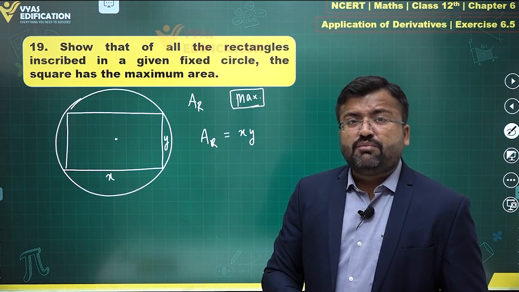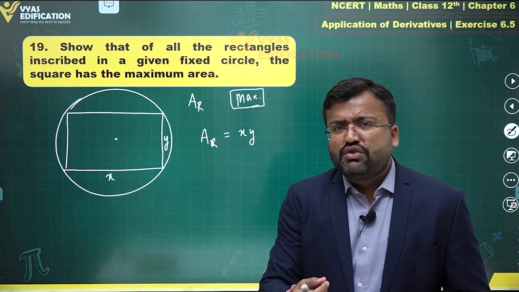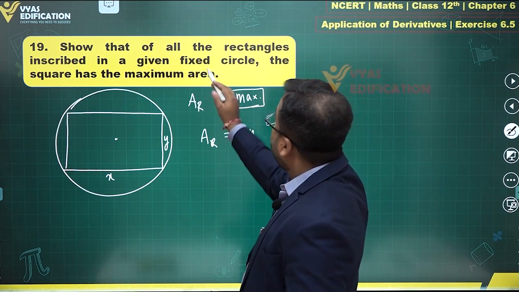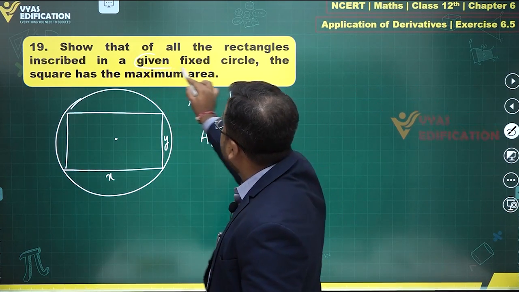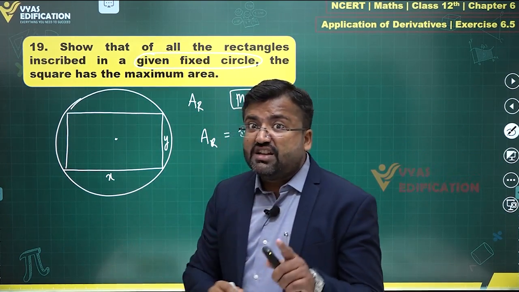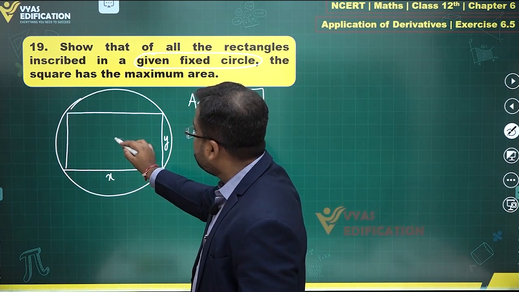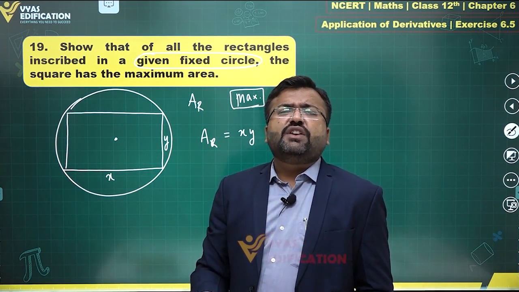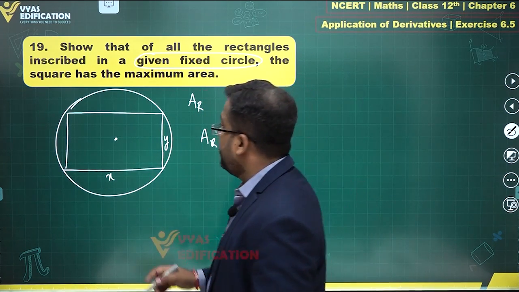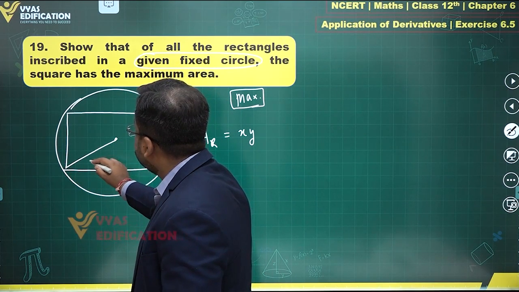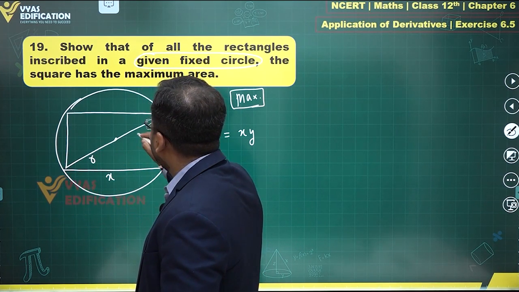No, not exactly, but if you look closely, you are given that of all the rectangles inscribed in a given fixed circle. So the circle is fixed, right? Circle is fixed means the radius of the circle is fixed. This here is the radius, and this here is the radius.